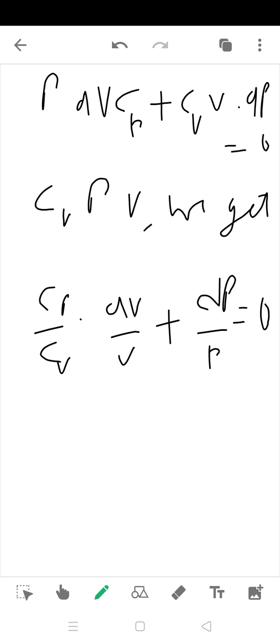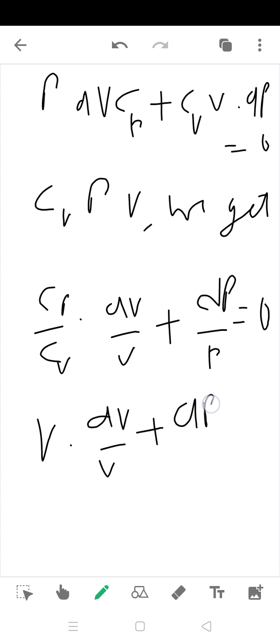Cp by Cv is gamma, the ratio of the two specific heats. So gamma dV by V plus dP by P is equal to 0.